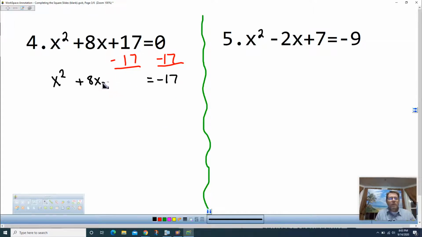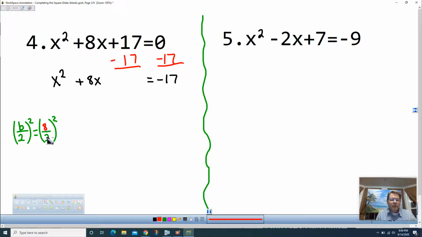So we said a while ago, we need the middle number divided by 2 squared. So let's come down here and do some side work. That's called b over 2 squared. And in our case, what's that going to be? That's going to be an 8.